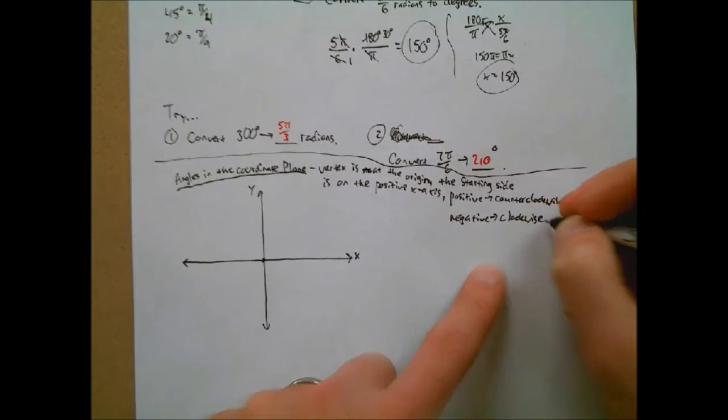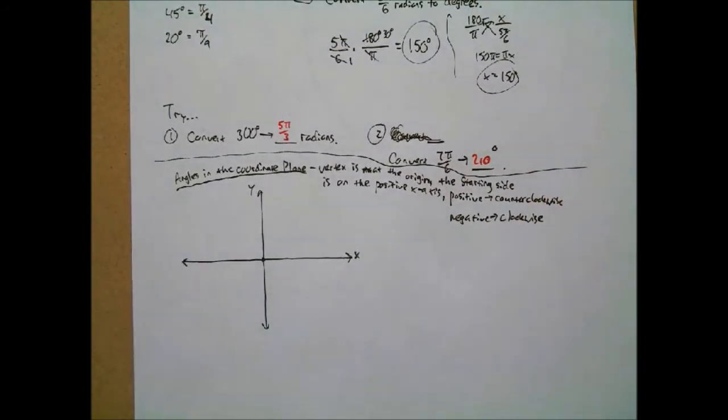So just some designations for us. When we talk about angles in the coordinate plane, our vertex is going to be at the origin. The starting side will always be on the positive part of the x-axis, and any positive angles we encounter, we're going to be rotating counterclockwise. Any negative angles we encounter will be rotating clockwise.